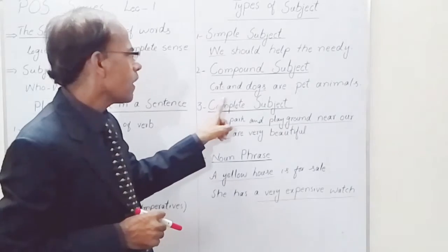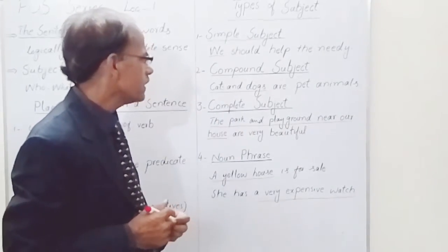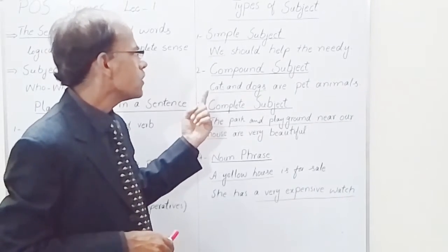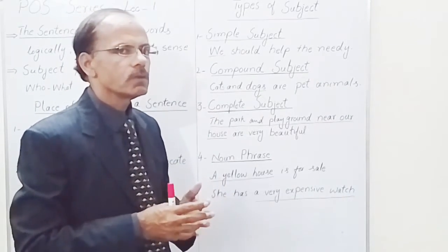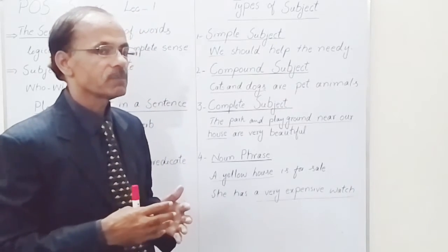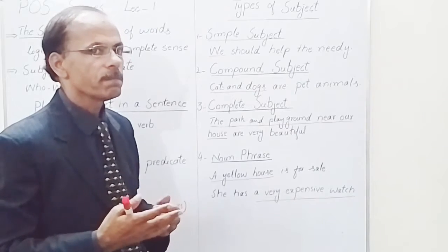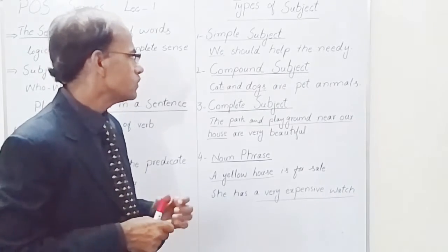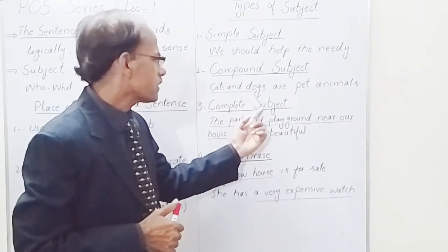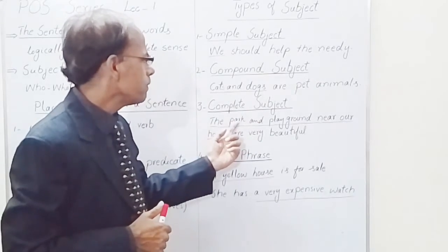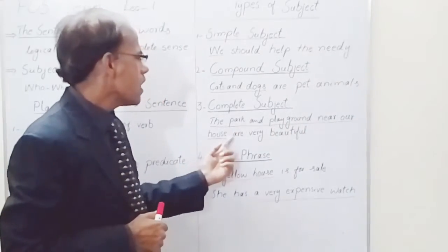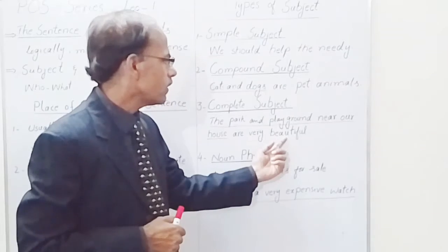The third one is complete subject. A complete subject is where there is one or two simple nouns or pronouns and there are some modifiers that explain more about the noun or pronoun. In this case all of it is called a complete subject. Suppose, the park and playground near our house are very beautiful.